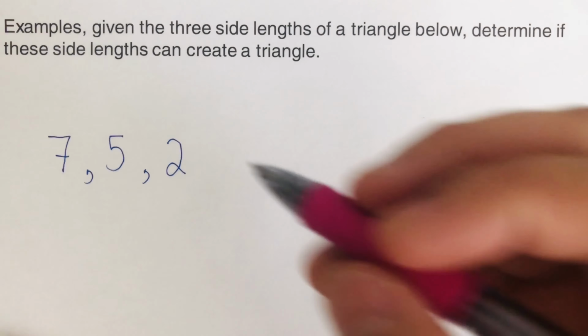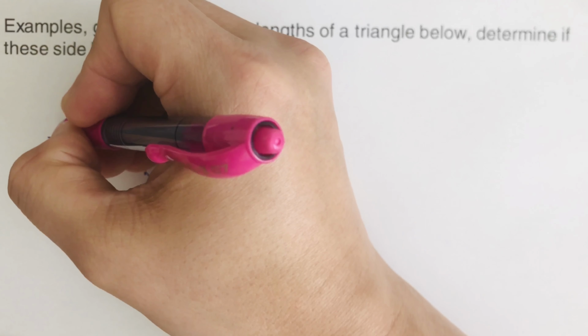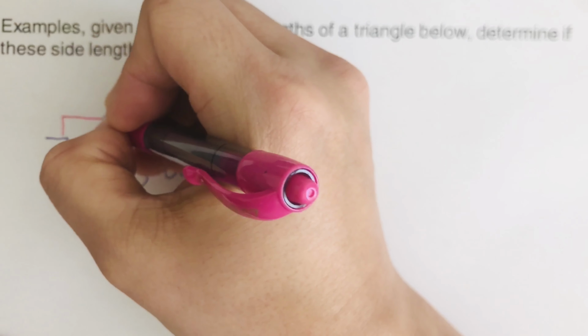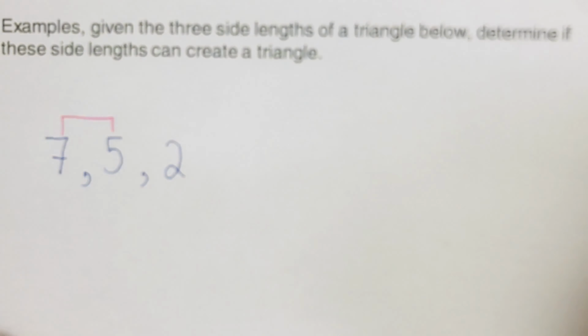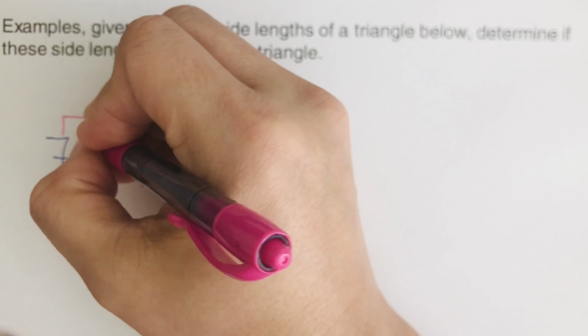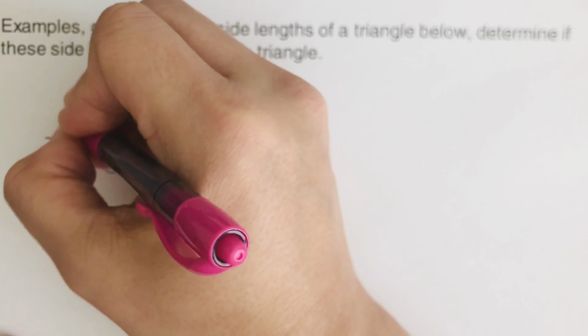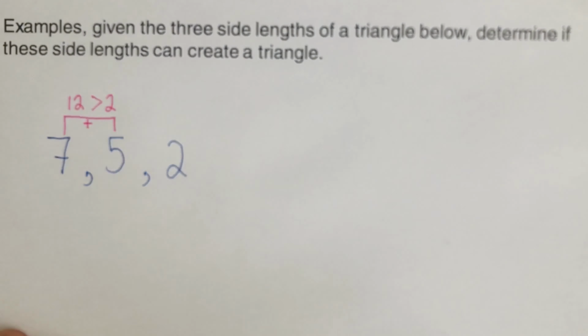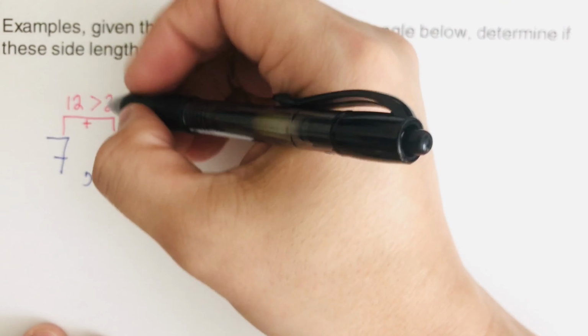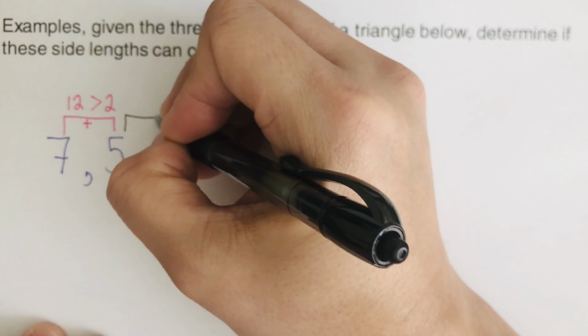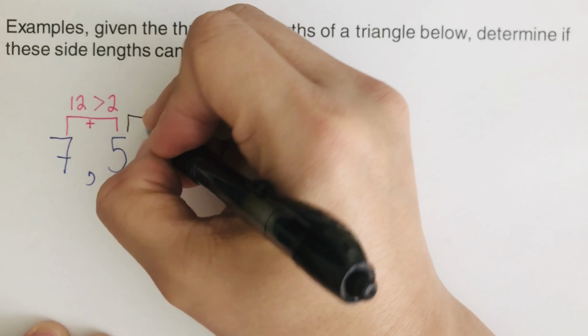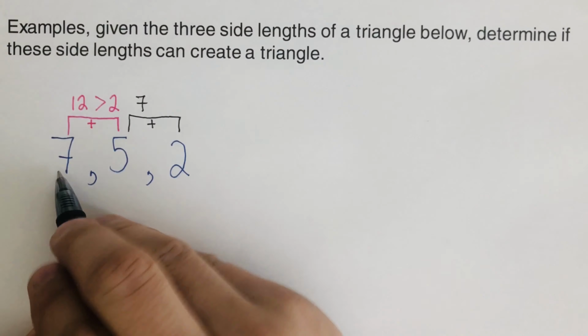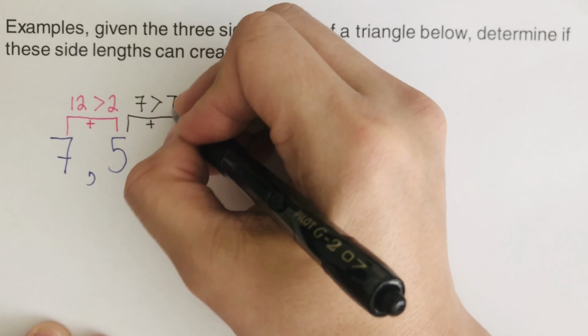Okay, let's go over this. We're going to add these two numbers again. 5 plus 7 is 12. Is 12 greater than 2? Yes, it is. Now let's move on to the next one. 5 plus 2 is 7. Is 7 greater than 7?